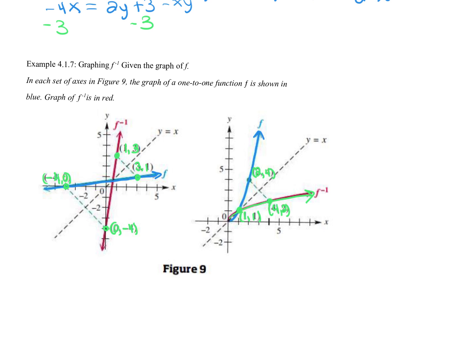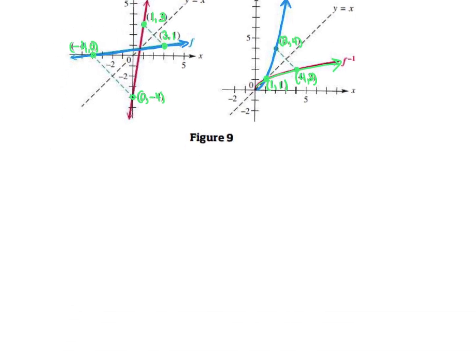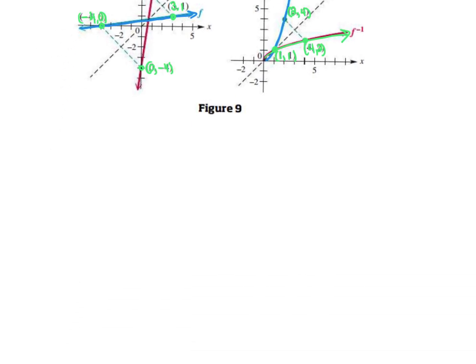So let's make up one just for funsies. Let's say I said that f of x equals x squared minus 4. So x squared minus 4 is a parabola that went down 4. So there's a dot. That dot is (0, negative 4).